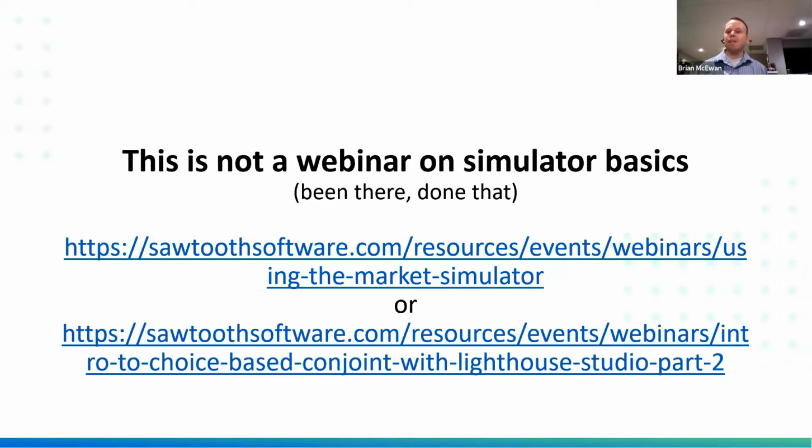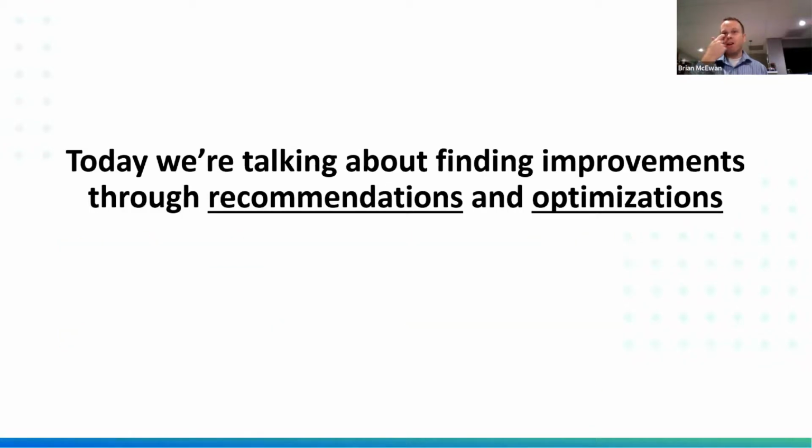So today we're just focused on a narrow part of the whole simulator ecosystem: how to find improvements to product offerings, service offerings, et cetera, through two different things that we can do. First being some more simple recommendations, and then we'll talk about actual optimizations.